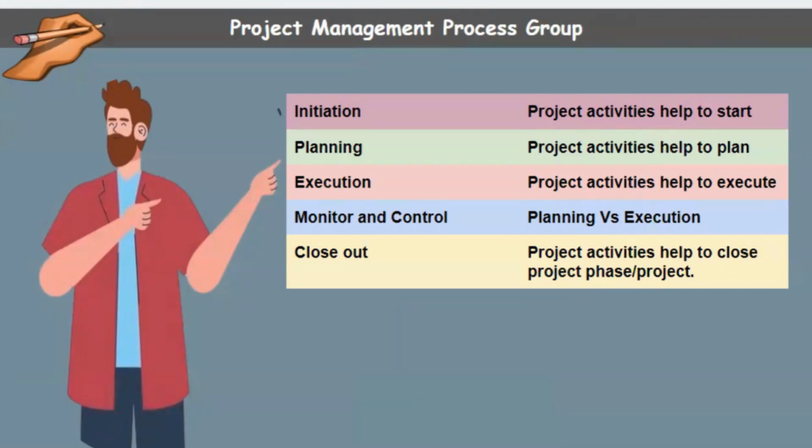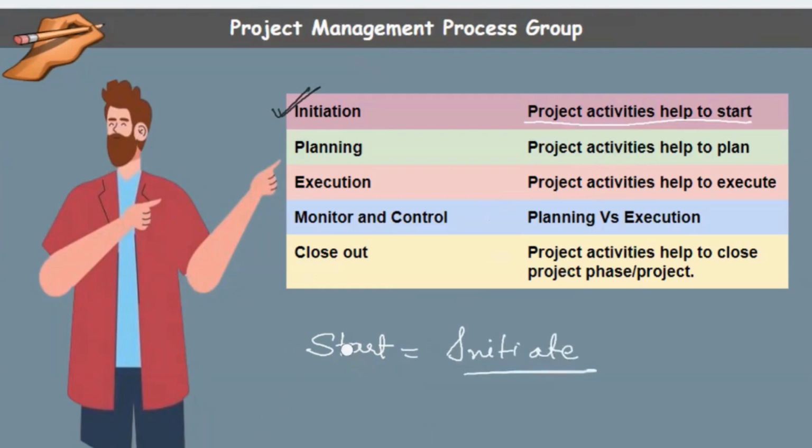So first we will do with initiation. So what is initiation process group? Initiation means to start. So all the project activities which helps to start the project, to initiate the project, comes under initiation process group.